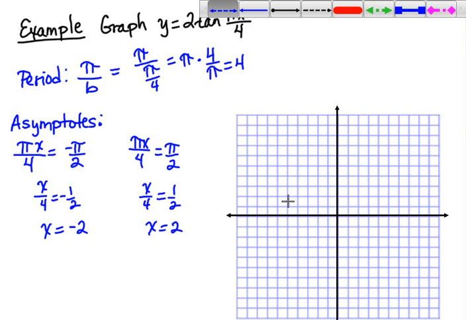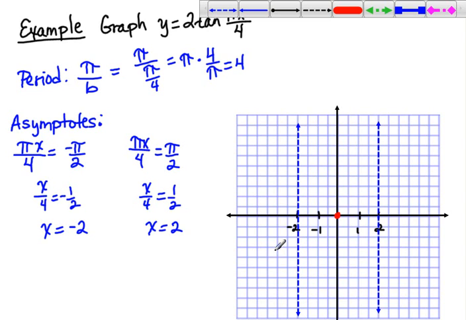So let me mark up our graph first of all. Let's say this is negative 1, negative 2, 1, and 2. So we know we have asymptotes at negative 2 and 2. And in between those asymptotes we have a 0.